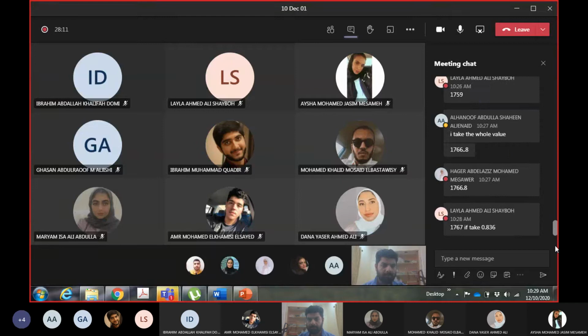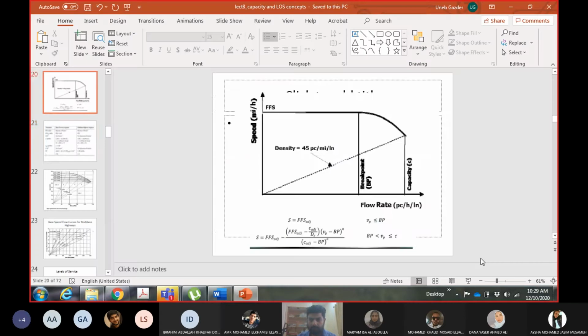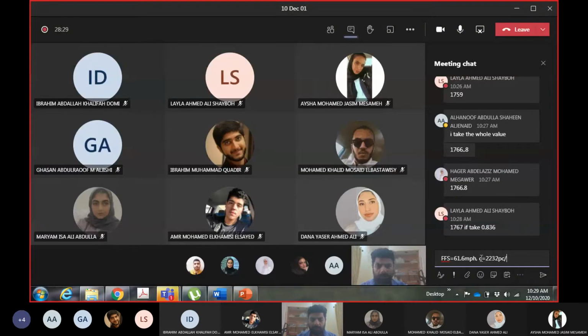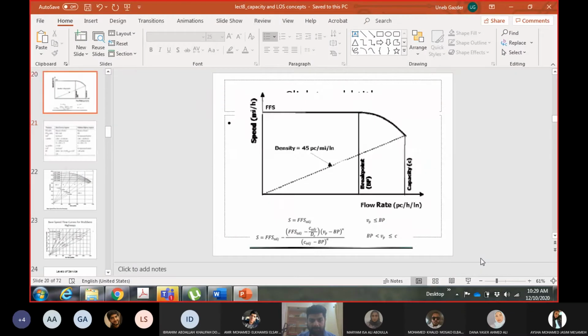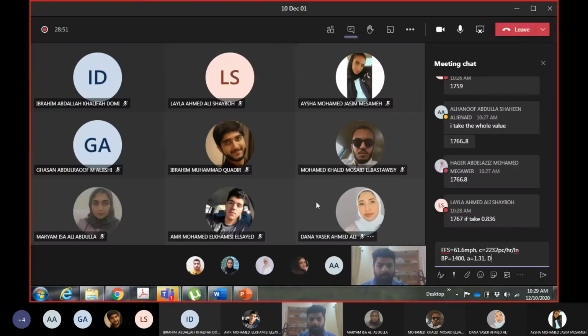Let me write down the values: FFS 61.6 miles per hour, capacity 2232 passenger cars per hour per lane, breakpoint 1400, the value for multi-lane highways 1.31, and DC, the density at capacity, 45 passenger cars per mile per lane.